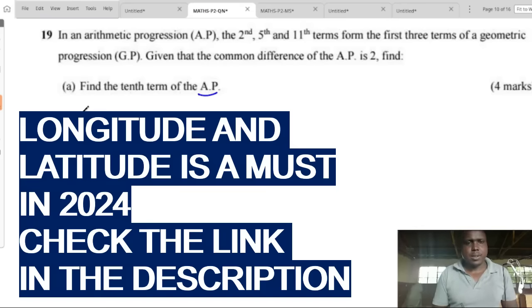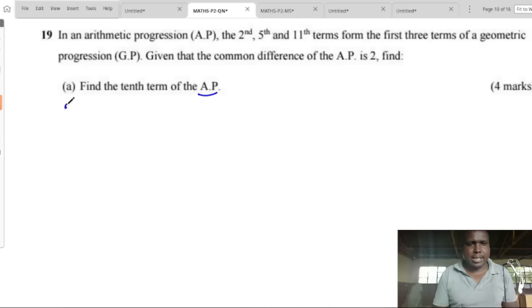So let's write the terms of the AP. We know the first term is A, and the second one is A plus D. Then the fifth one will be A plus 4D, and the 11th one will be A plus 10D.